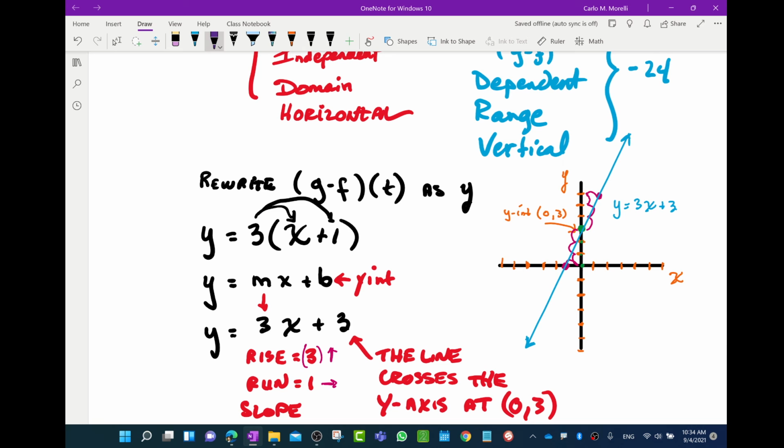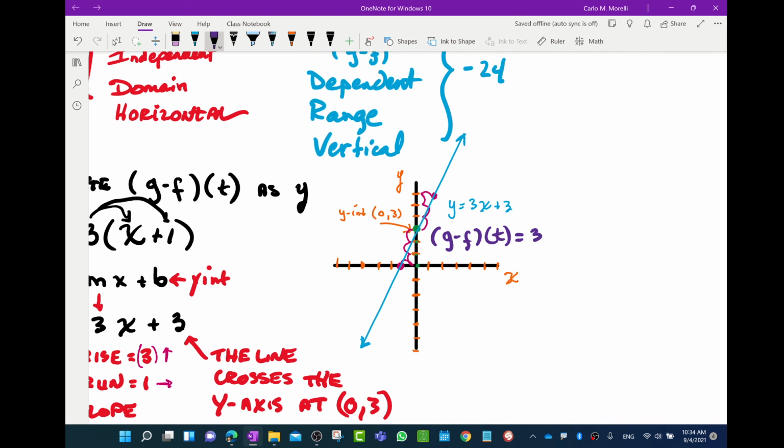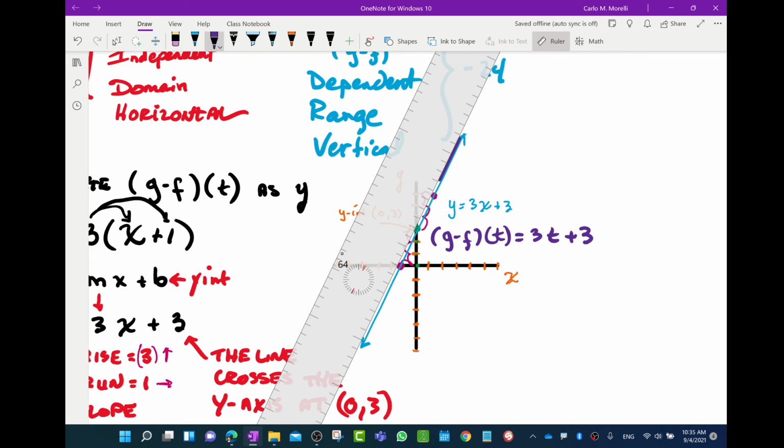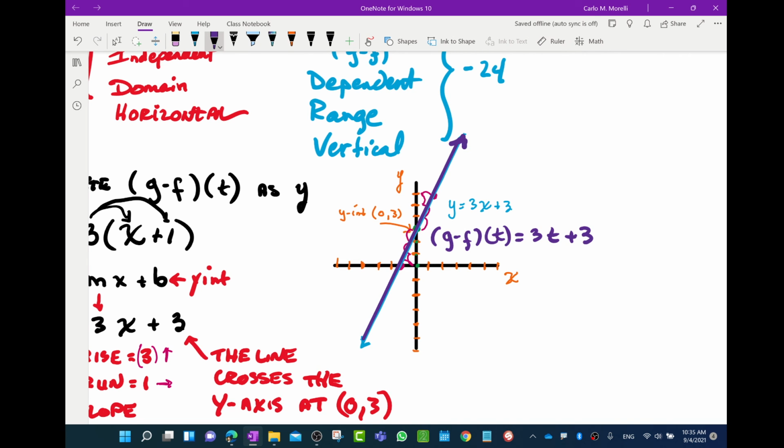We could say g minus f of t equals 3t plus 3. And this line is also described by that function. So here's the point I'm getting at here, and this is why I want to use Desmos.